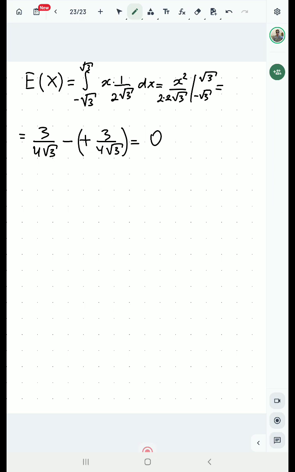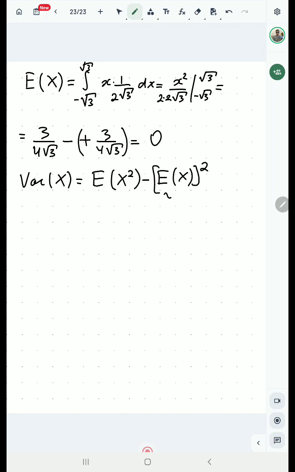Now let's find the variance. To find the variance of x, we know that it's equal to the expectation of x squared minus the expectation of x, everything squared, right? So we know this guy is equal to 0. So this is exactly equal to the expectation of x squared in this particular case. And what is the expectation of x squared?